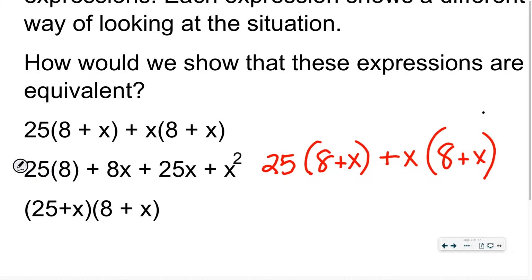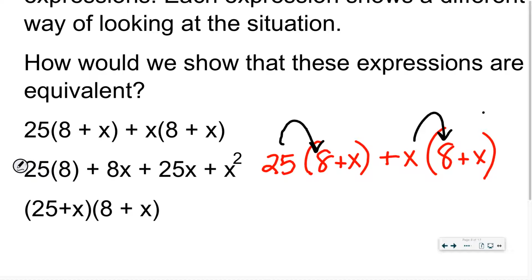So if I know that the parentheses is there, how do I distribute to remove the parentheses? I'm going to multiply. What can I multiply? I can multiply x times 8. What else can I multiply? 25 times 8. Are those the only two things I can multiply?